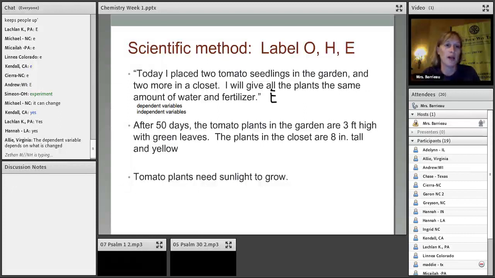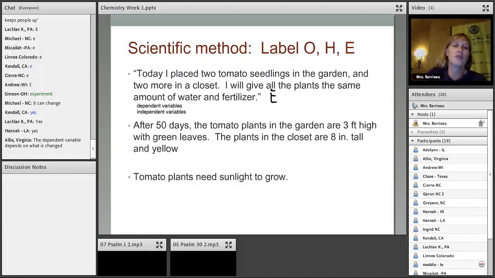Depends on what, that's right, Allie. And independent variables are the ones that you have control over. Okay? So the dependent ones, like your kids, for me, you guys don't have kids, but you are dependent on your parents. You kind of have to do what your parents do. So you're going to change with whatever your parents are doing. Okay? You are not independent yet.